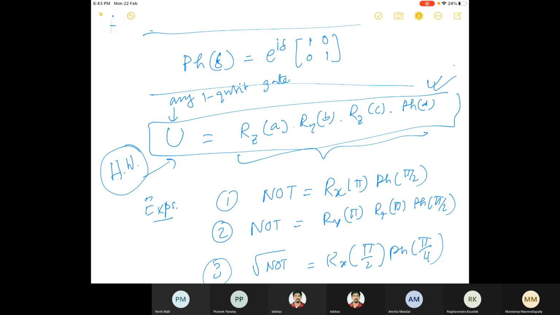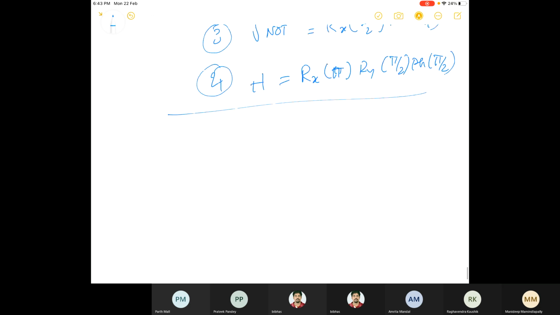Parameterization means you can write some entries in this matrix that depend on some parameters. Any unitary matrix can be realized from this expression, just by putting some particular values of those parameters.